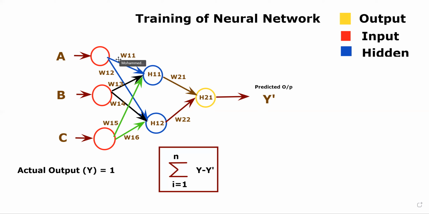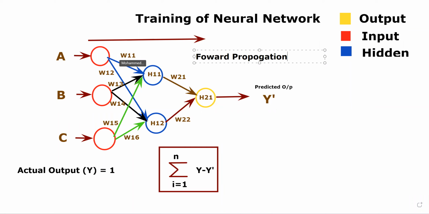Now we have two kinds of methods. Let me just draw one thing. One method is going forward. Forward is nothing but feed forward, or we can also say forward propagation. And we have one more method, which is the most important method in artificial neural networks, and not only in ANNs but in all neural networks.